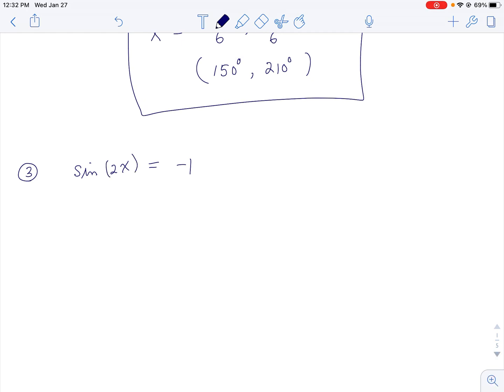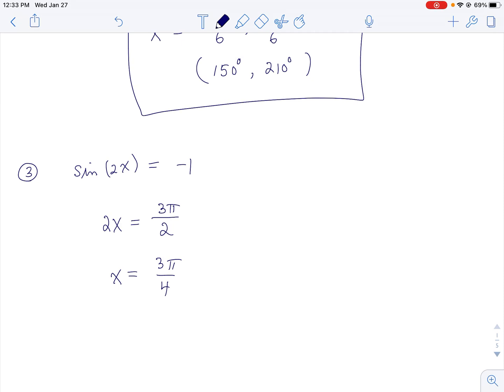So remember, it's sine of 2x equals negative 1. So 2x would be equal to 3 pi over 2, right? Because it's sine of 2x, 2x itself has to equal 3 pi over 2. And then if you solve that, and you divide by 2, you get 3 pi over 4. Now guess what?